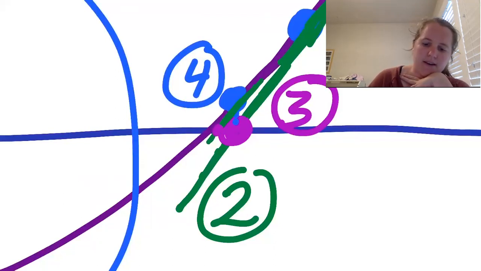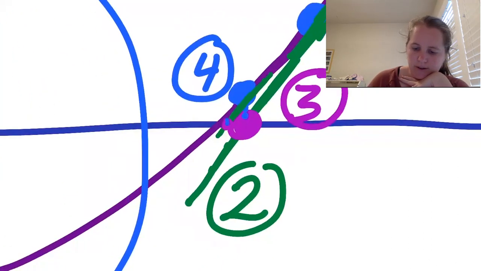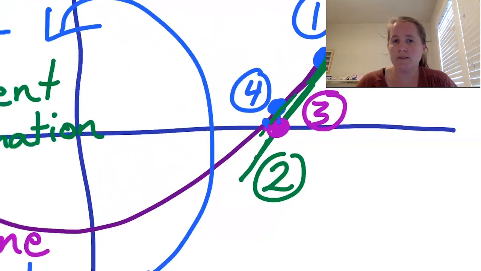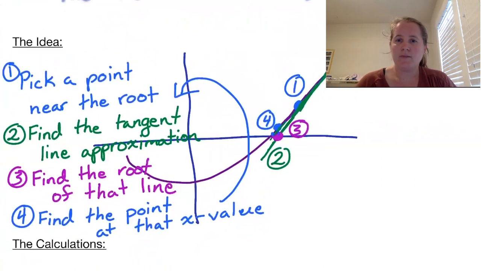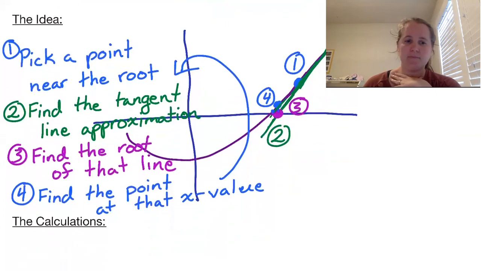Then I could again figure out where that is on the graph and do the tangent line approximation, and it hopefully will get us closer and closer to our actual root. If I zoom back out all the way, you can see those points going closer and closer to where the line crosses the x-axis.